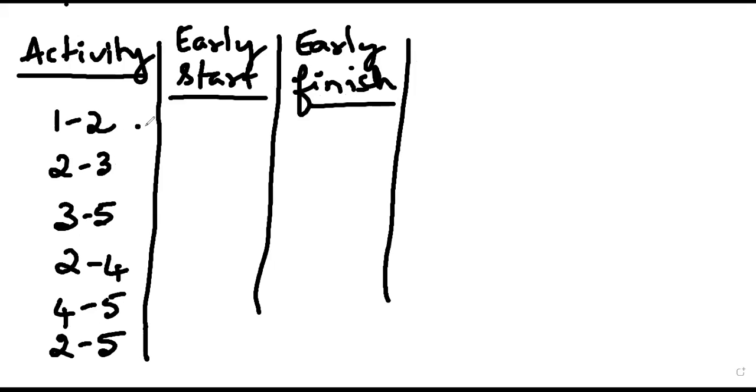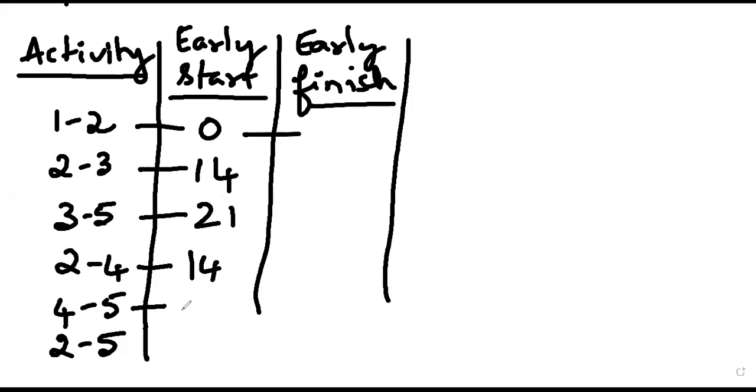Early start: 1-2 is 0, 2-3 is 14, 3-5 is 21, 2-4 is 14, 4-5 is 18, 2-5 is 14.